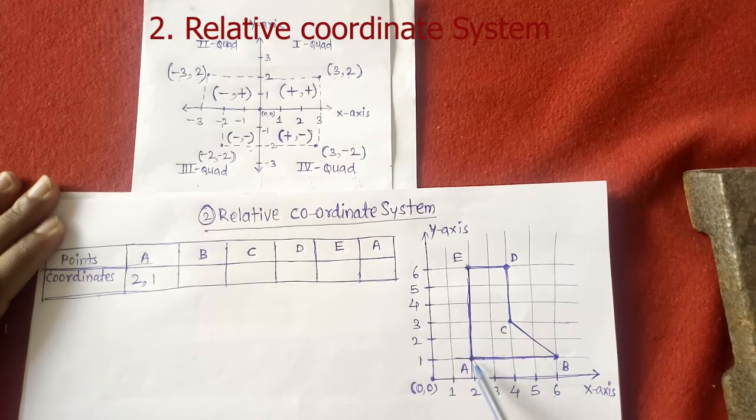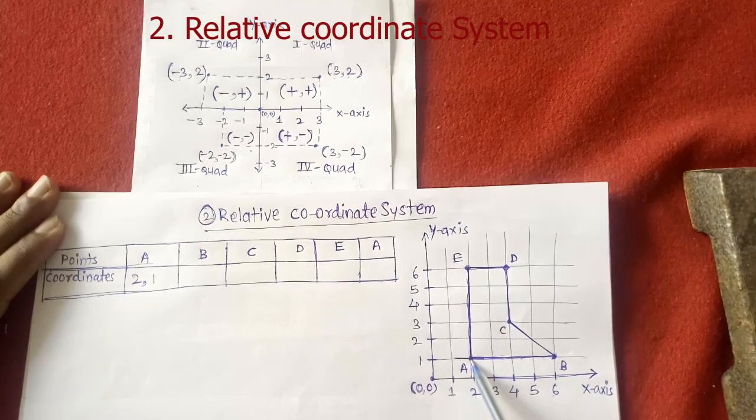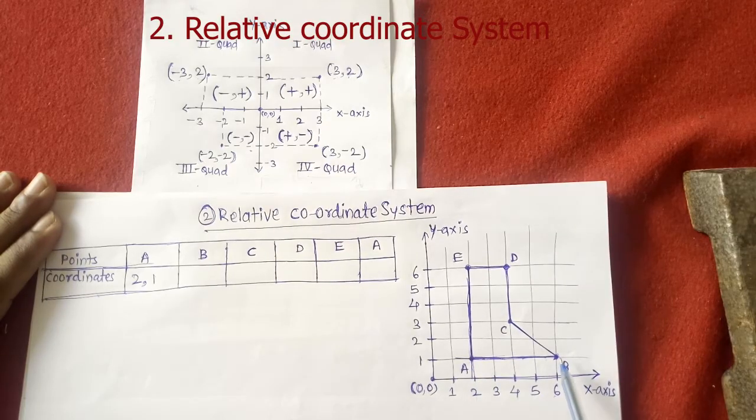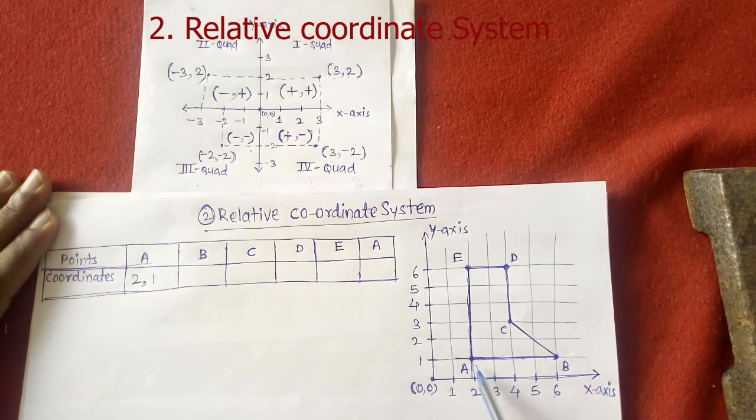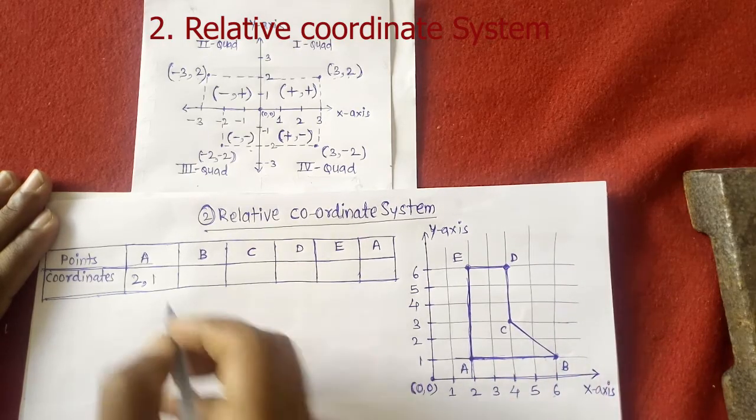So taking A as the reference origin for this point B, the x coordinate of B will be 4 unit. So write down 4.